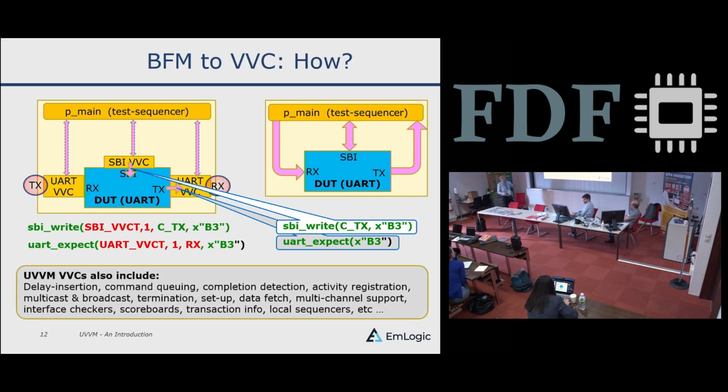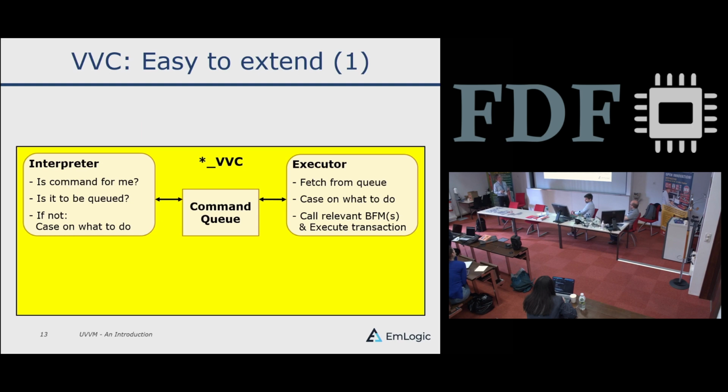But these verification components, as I said, are not just the BFM, just an execution of that. They have additional functionality, like, for instance, delay insertion, command queuing, completion detection, and so on and so on. Lots of additional functionality that makes these verification components much more worthwhile for the designer. And once you have a component like this, it's easy to extend, and that's important.